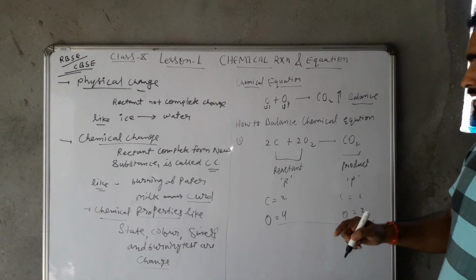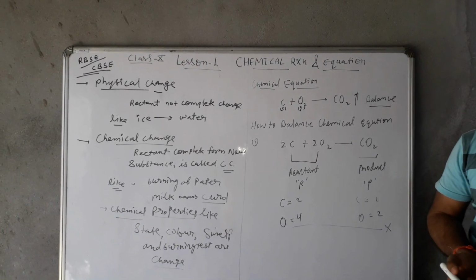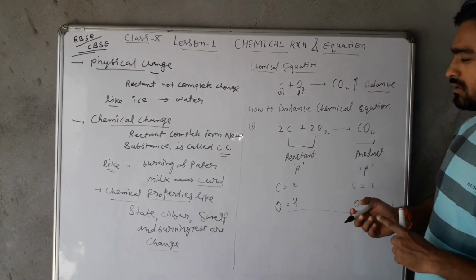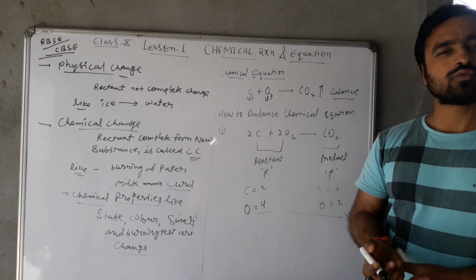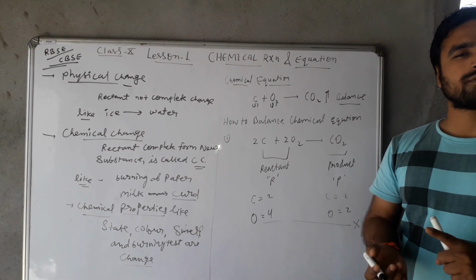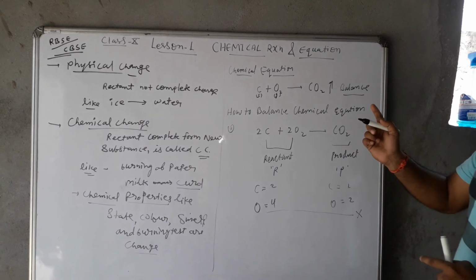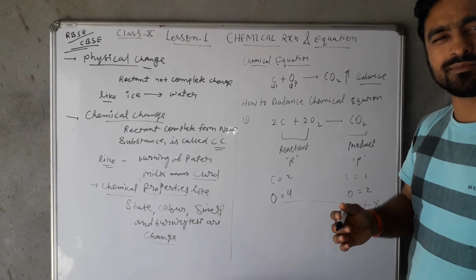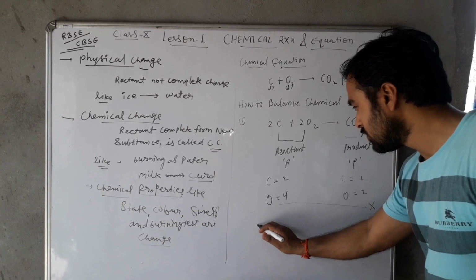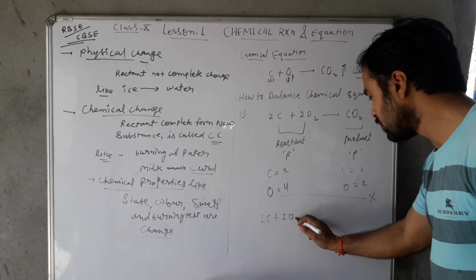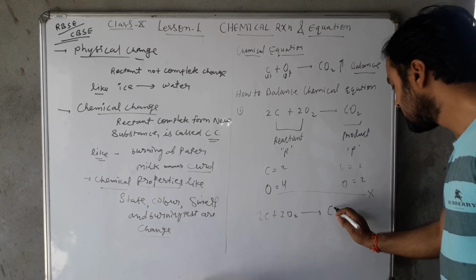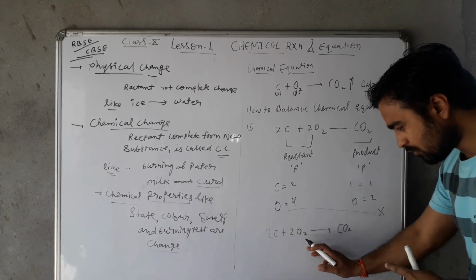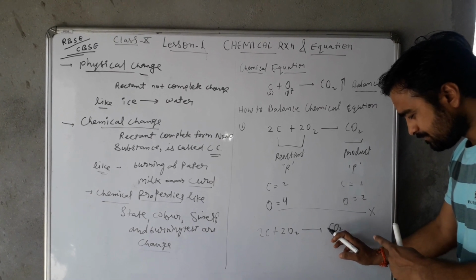How to balance? Here you use your own rule. We will use numbers like 2, 3, 4 as we wish, then balance the equation. Like 2C plus 2O2 gives CO2. Now, listen, be careful. 2 carbon, 4 oxygen, and here carbon 1.